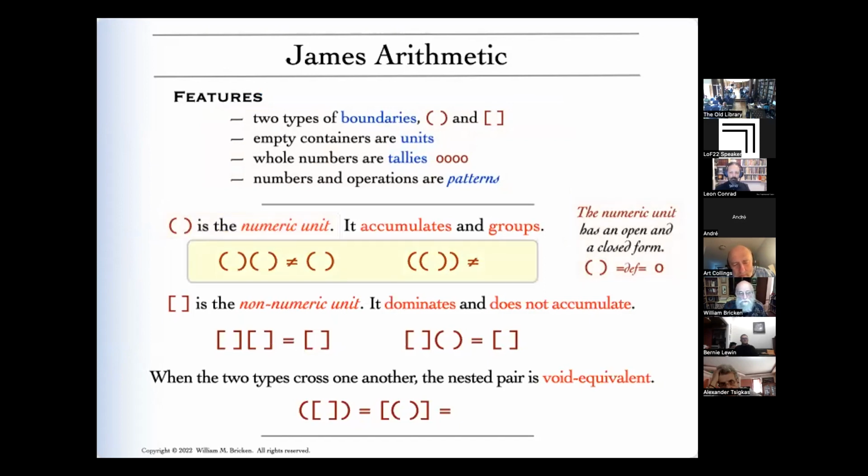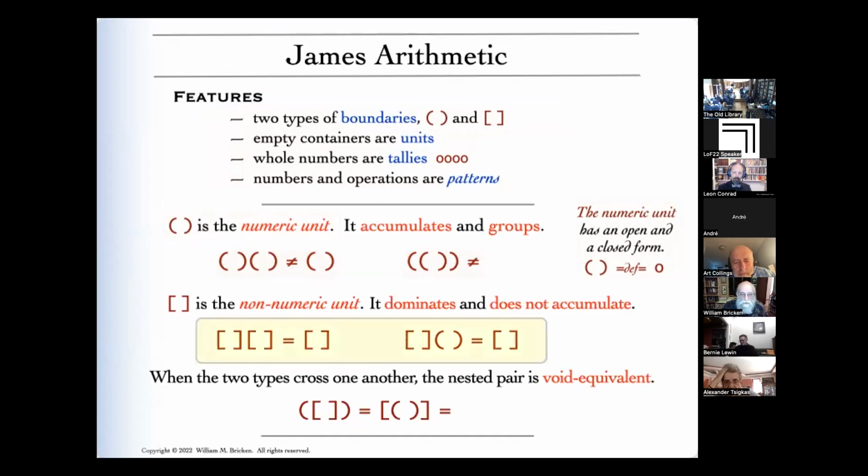Now, parens forms need to accumulate their numbers, so they must violate crossing and calling, which are transformations that condense. The bracket is not numeric. It follows calling and doesn't accumulate. And it also dominates any parens form. So when the 2 types are nested with one within the other, they're void equivalent.